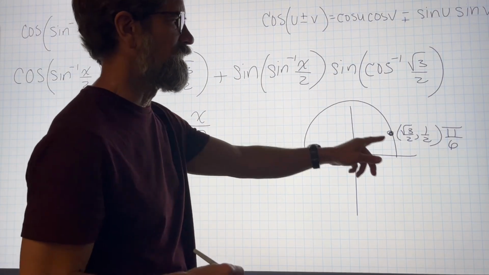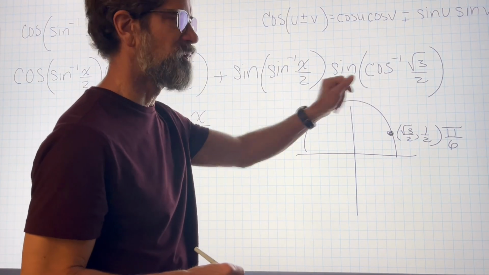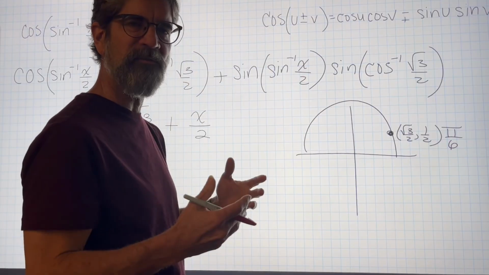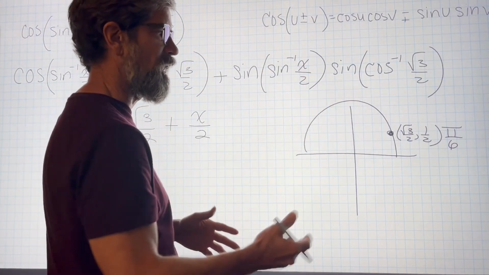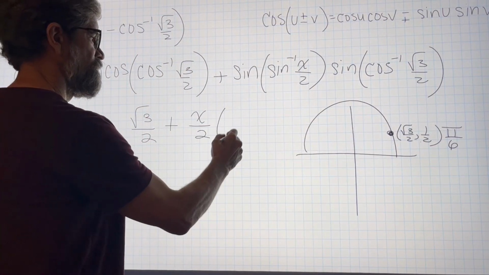So inverse cosine of rad 3 over 2 is pi over 6. That is the angle. What's the sine of pi over 6? Well, I go to pi over 6 on the unit circle and take the y-coordinate, so I'm going to take the 1/2.